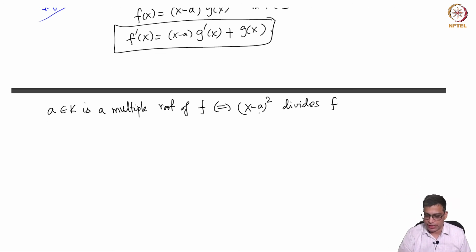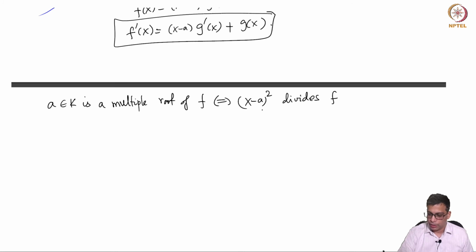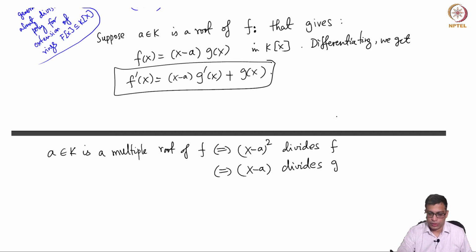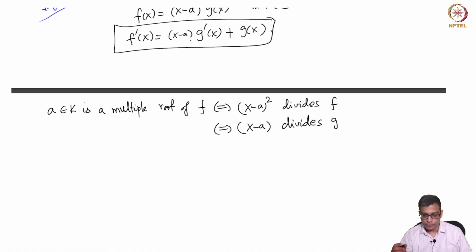So (x minus a) squared divides f, which means x minus a divides g, since g must also have a factor of x minus a. I claim this is if and only if.